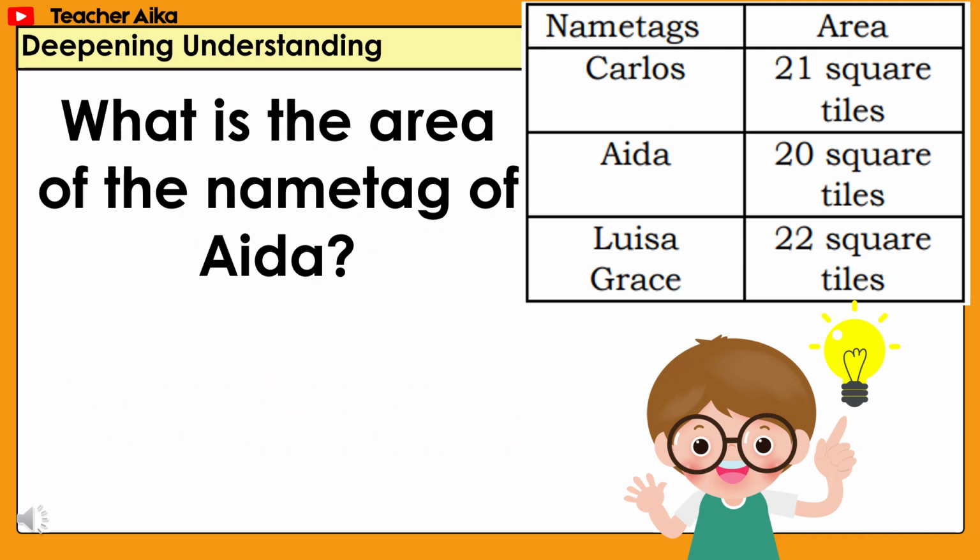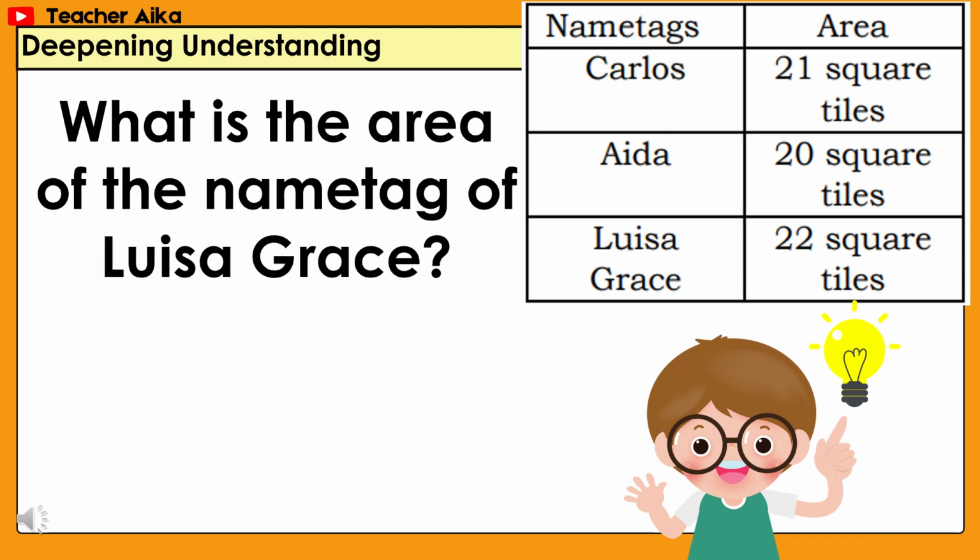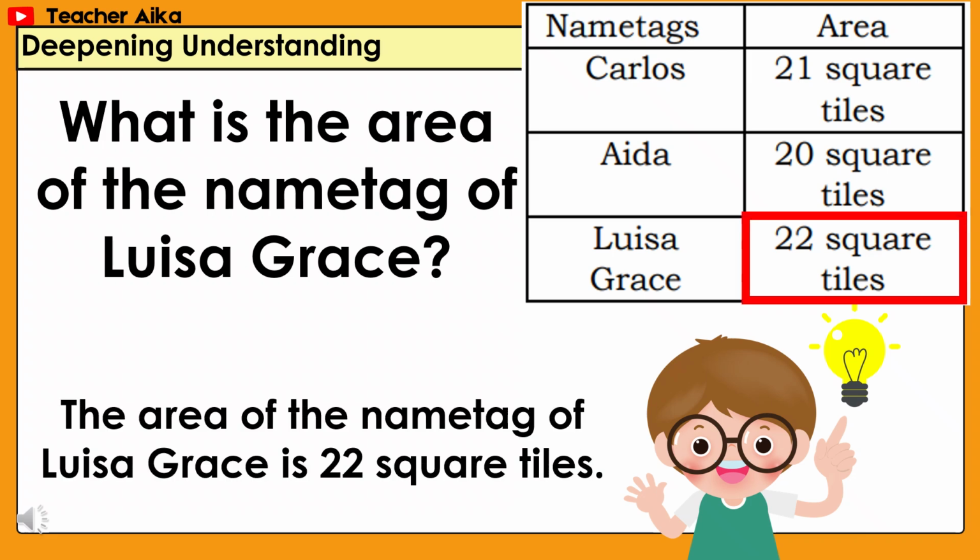What is the area of the name tag of Aida? Answer: the area of name tag of Aida is 20 square tiles. What is the area of the name tag of Luisa Grace? Answer: the area of the name tag of Luisa Grace is 22 square tiles.